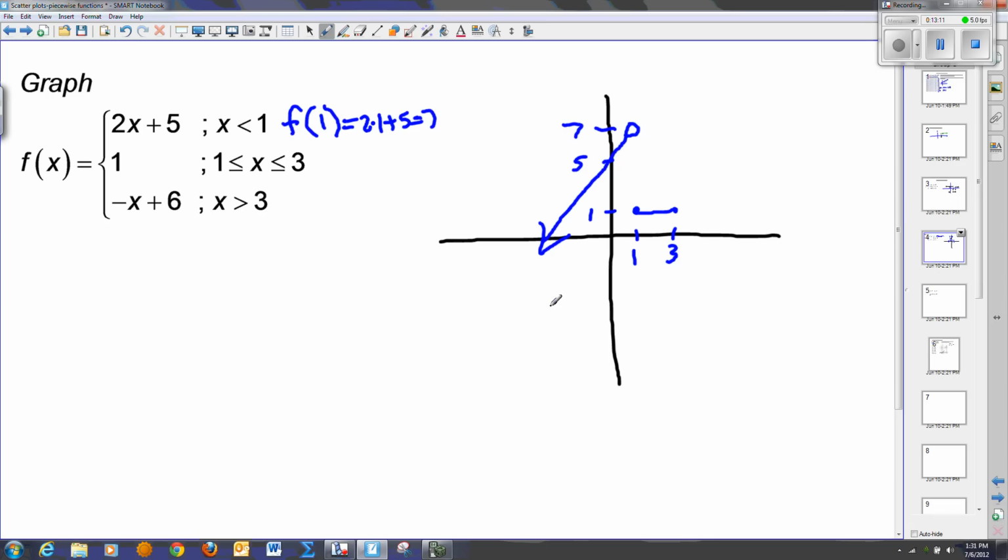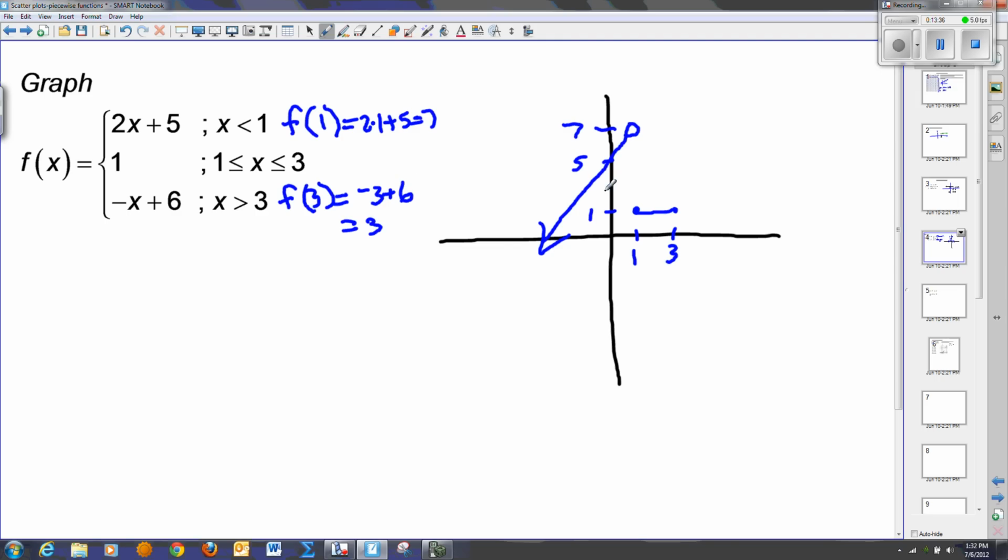In my last case, I need to find out what the line of -x plus 6 looks like when x is greater than 3. So again, I want to find out the y value when x equals 3. So I simply plug 3 in. It's -3 plus 6, which equals 3.